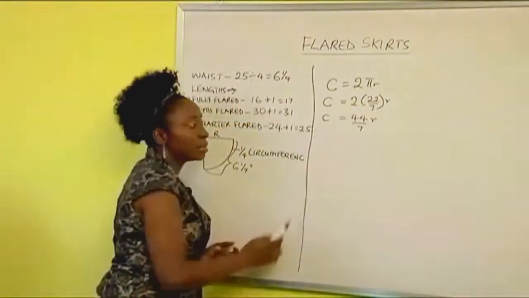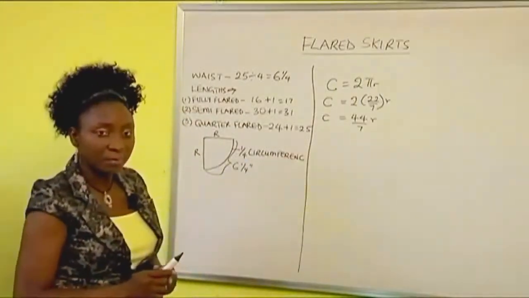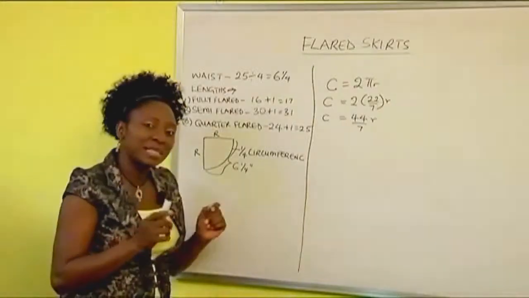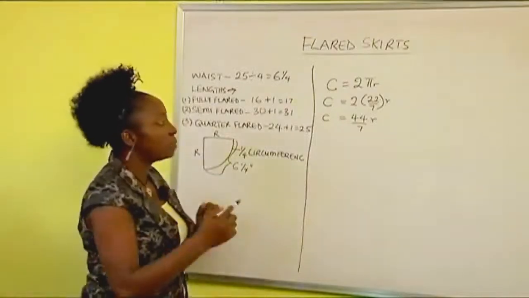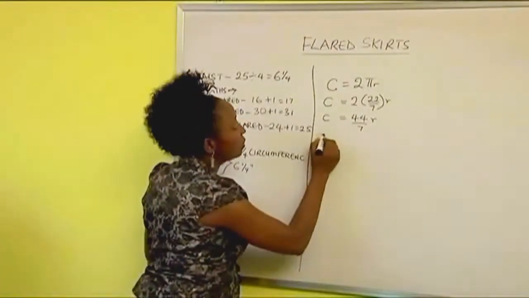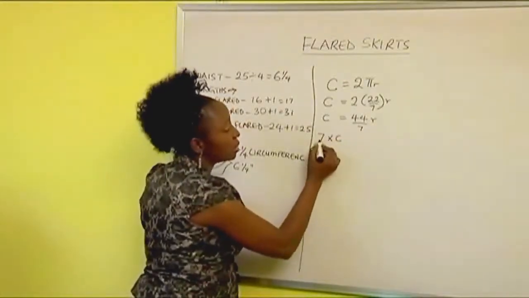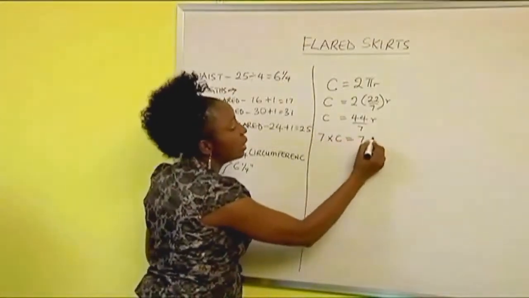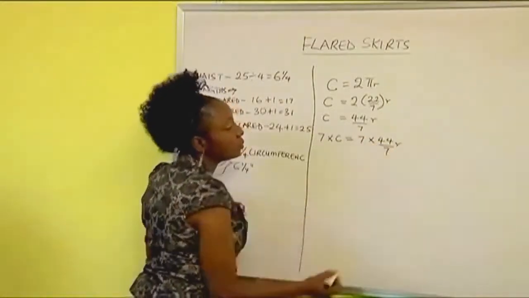Now after I've done this, I'm going to multiply both sides by 7, because I'm trying to see how I'm going to make r the subject of the formula. So I'll take my 7 and multiply by C, and that will give me 7C equals 7 times 44/7r.